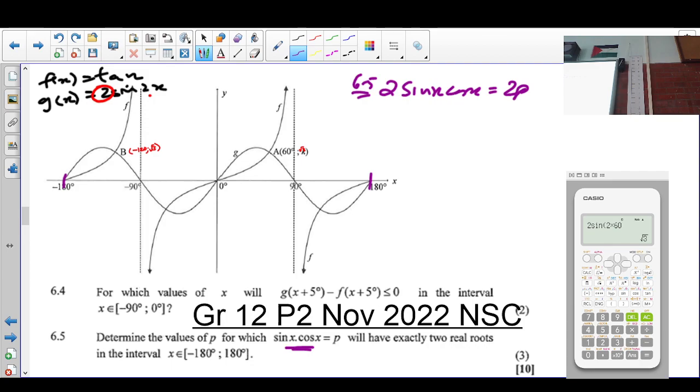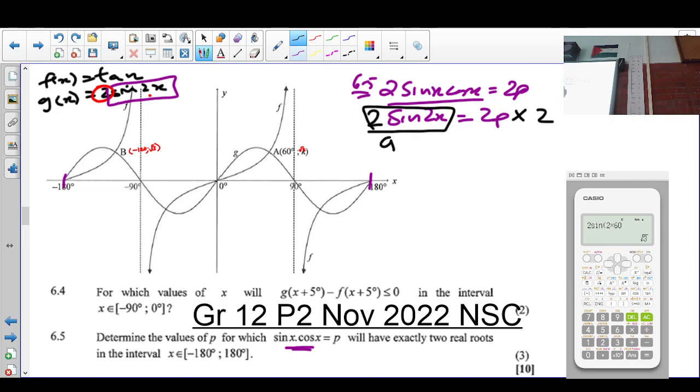So this reminds me now of sine 2x is equal to 2p. If I now compare to what I have here, I only have that part. So what am I short? A 2 in front of sine 2x. So if I put a 2 in front of this, then 2 must go on that side as well, which is now going to give me g of x is equal to 4p.